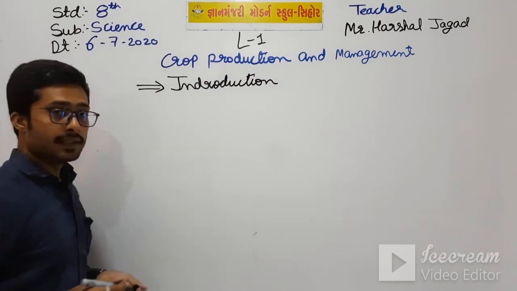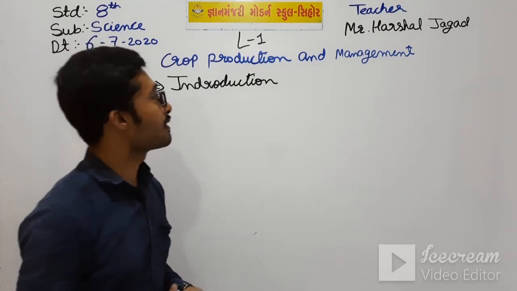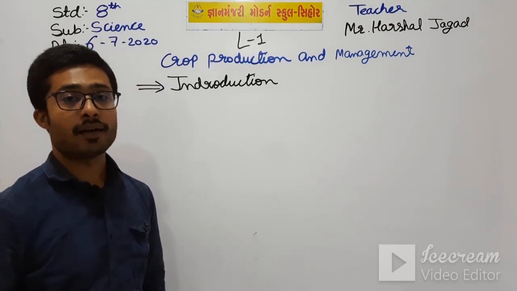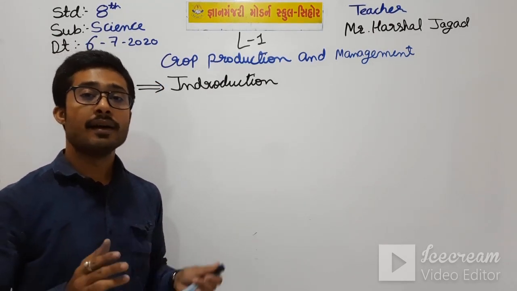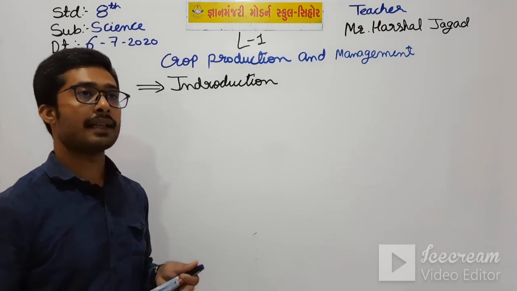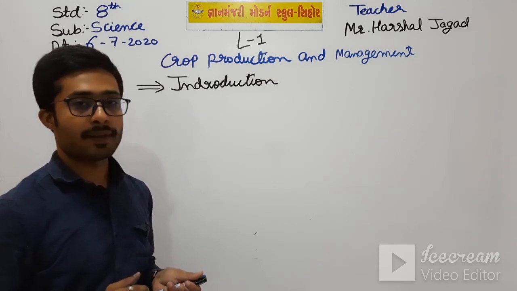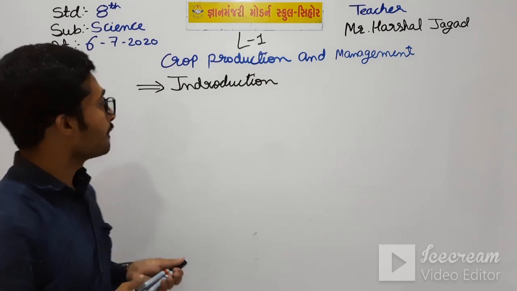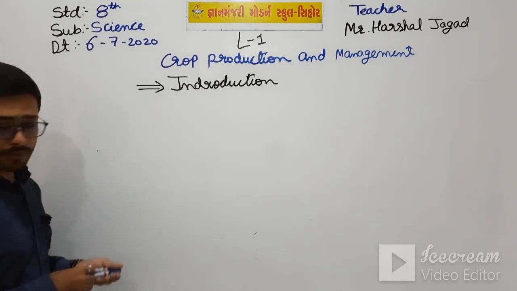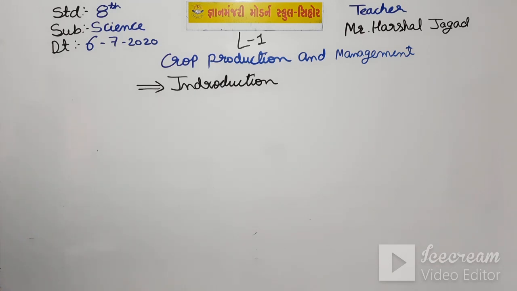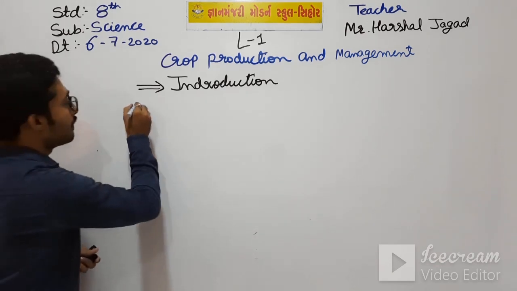In the introduction, we saw how crops are produced and how they are managed so that we can get the maximum crop production. So, there is a management of it. Next we saw food for survival.